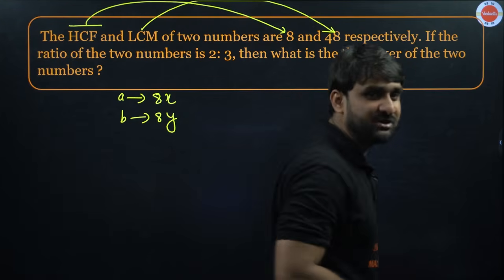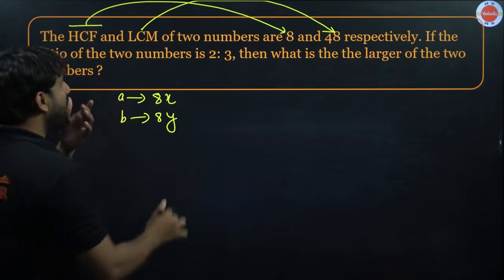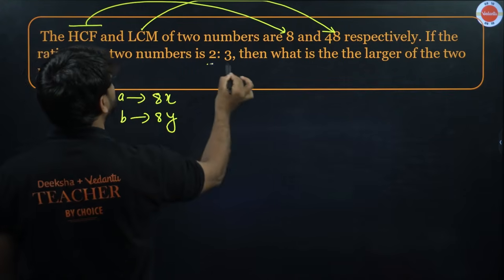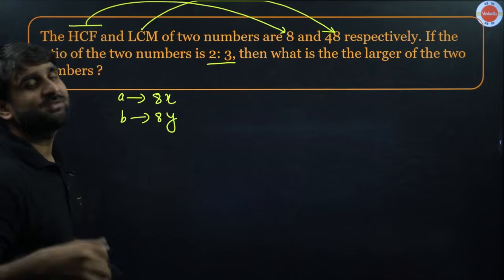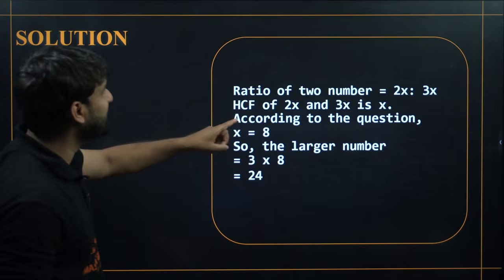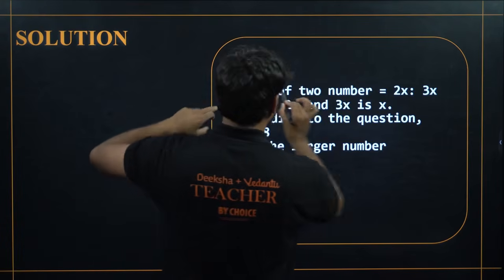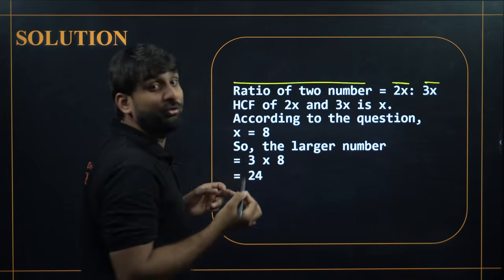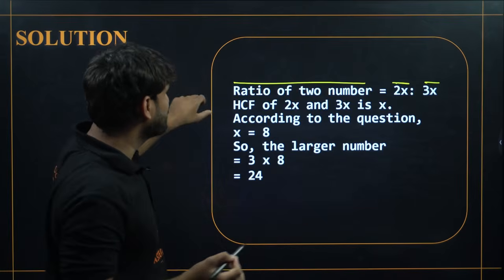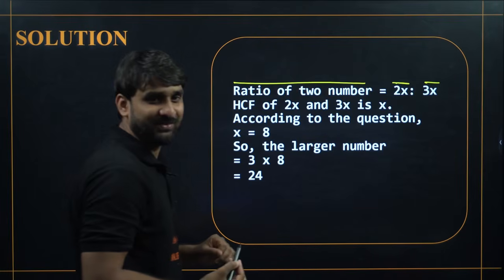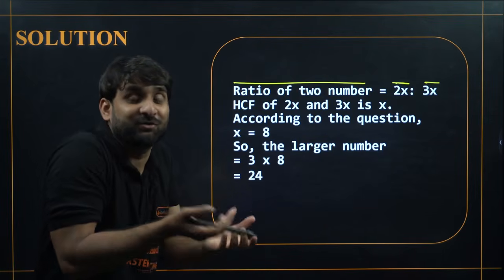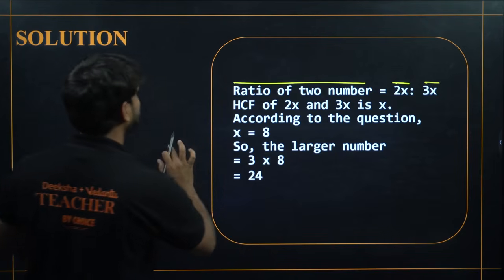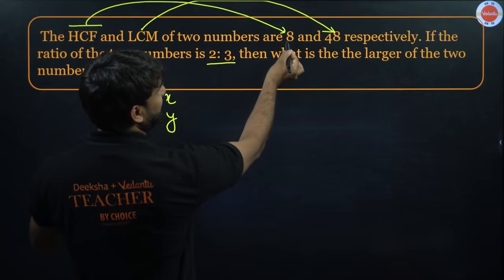Since the ratio of the 2 numbers is already given as 2:3, we can take the numbers as 2x and 3x, with any constant x.